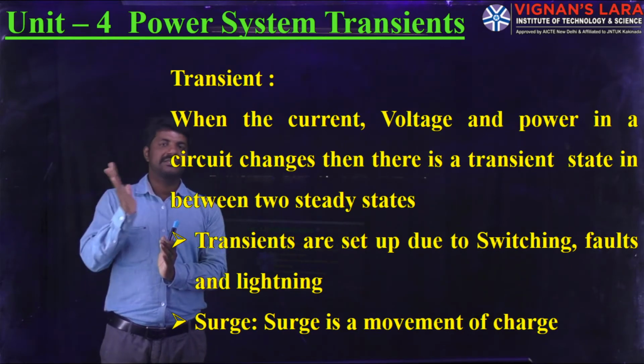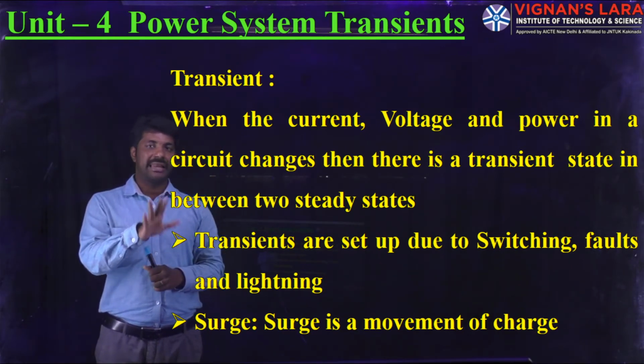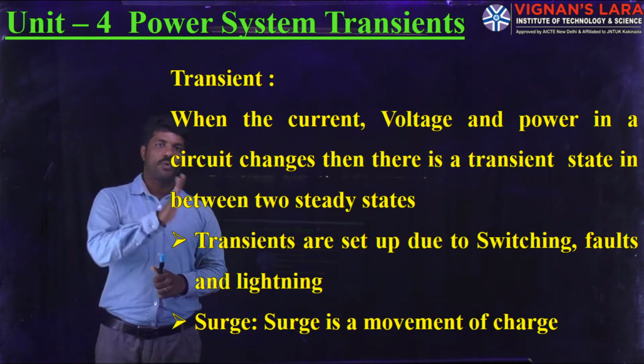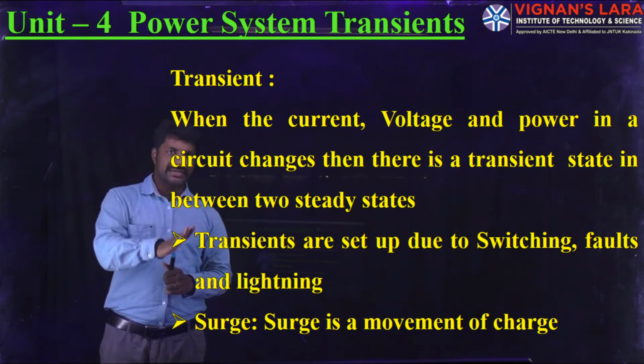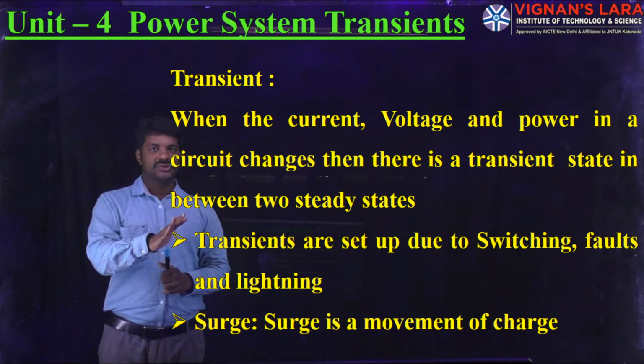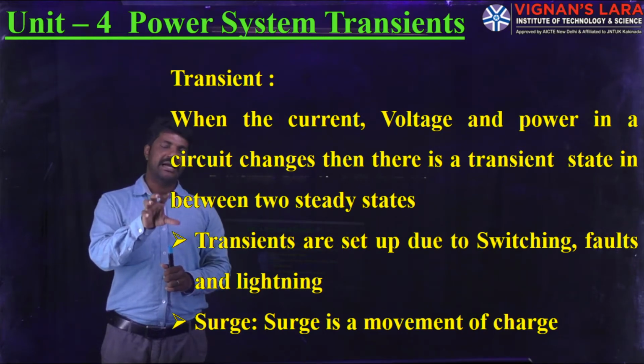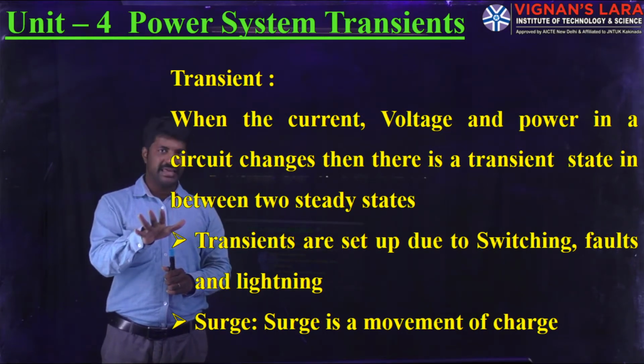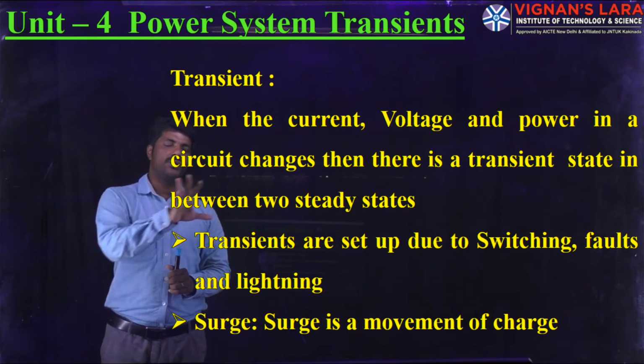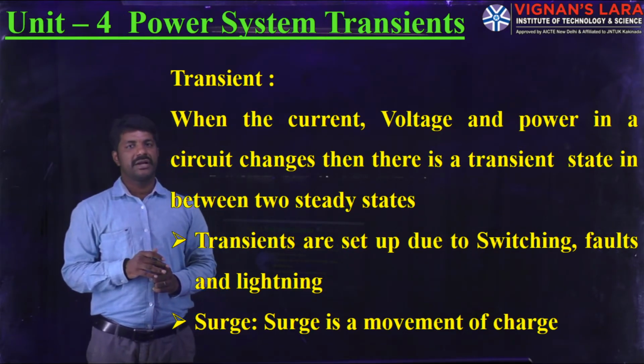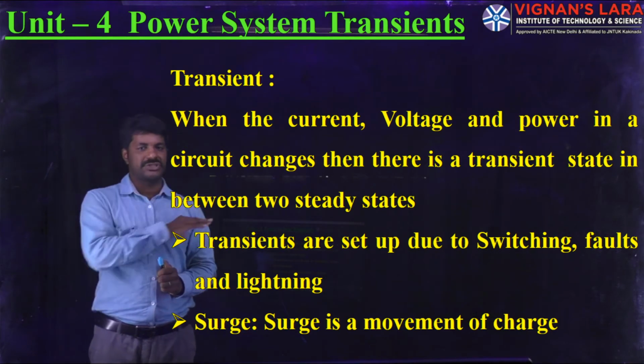Whenever a disturbance is imposed on the transmission line, like switching operations, opening the transmission line, closing the transmission line, then immediately it is going to affect the operational quantities that exist in the transmission line.